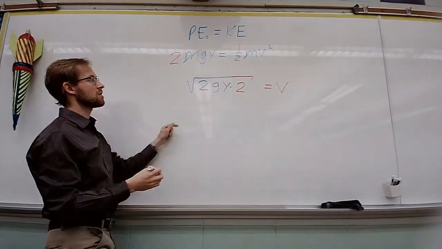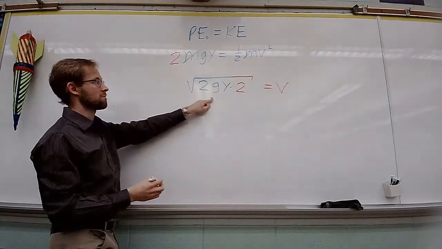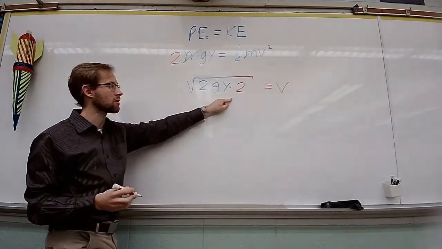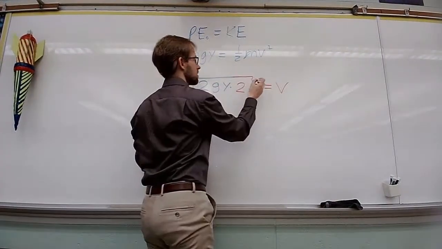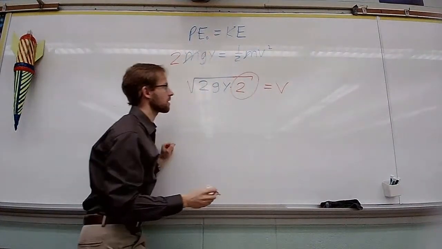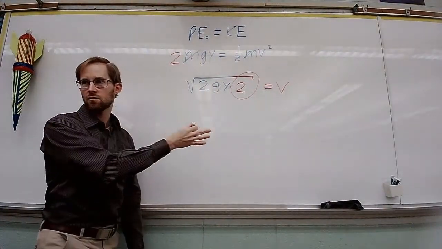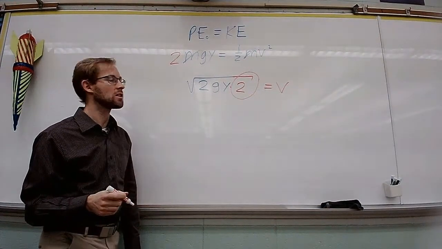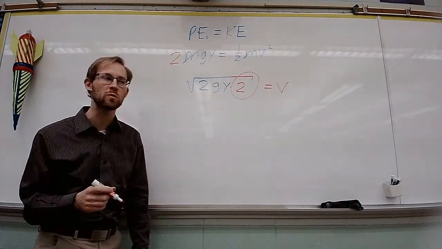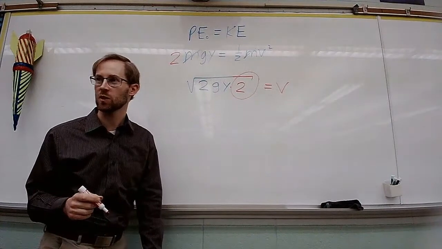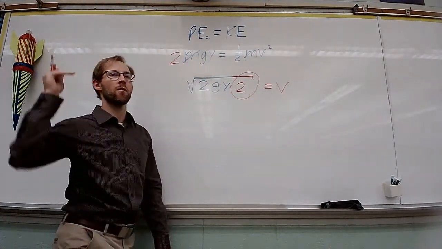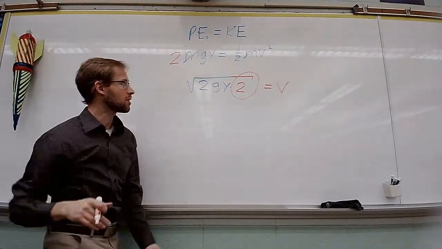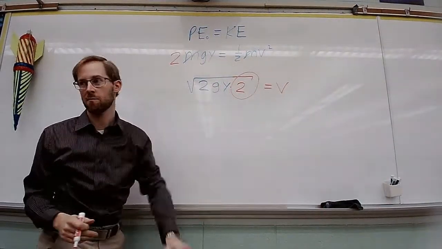If this would be your new equation for how fast you're going when you hit the ground, this square root of 2 here is the extra factor by which you will have sped up. So you will be going square root of 2, bless you, times faster when you hit the water. If you jump from 3 times as high, you'll be going square root of 3 times faster.